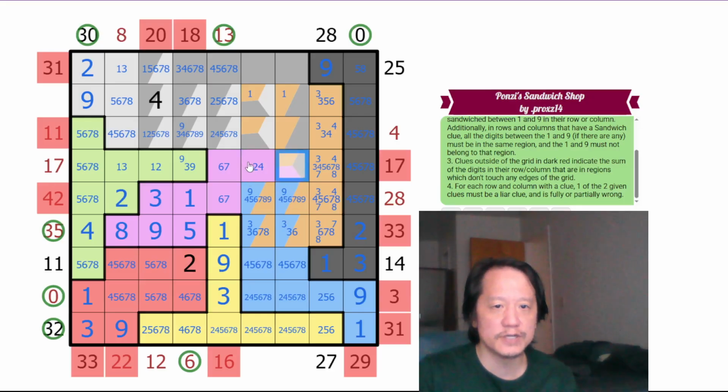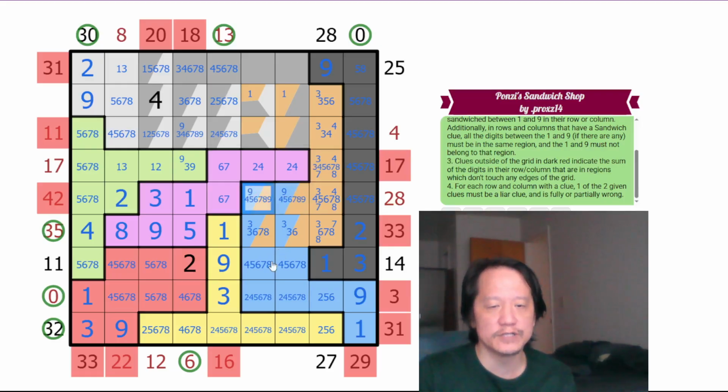And we have to extend out, cannot extend here, because we don't have access to a 1, and it would have to be 1 for it to be adding up to 4. So then this must be pink over here. And this is 2 or 4. So pink is done as a region.